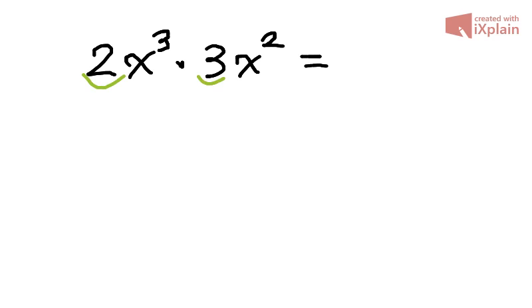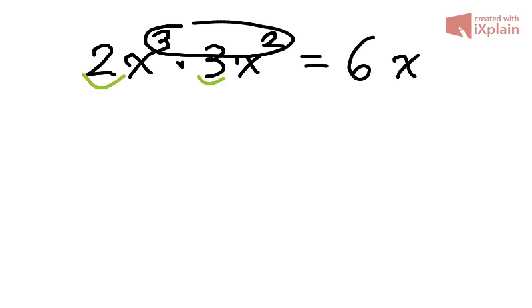If we had 2x cubed multiplied by 3x squared, because it's all multiplication here, first we look at the numbers. 2 times 3 will be 6, and x cubed times x squared, what did we say? Multiplying powers of the same base, keep the base and add the exponents.